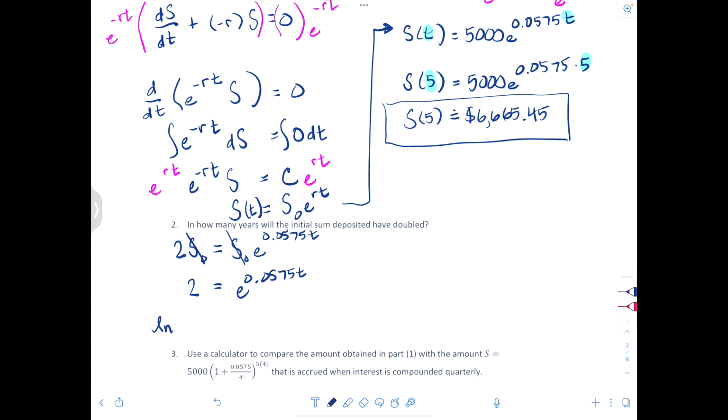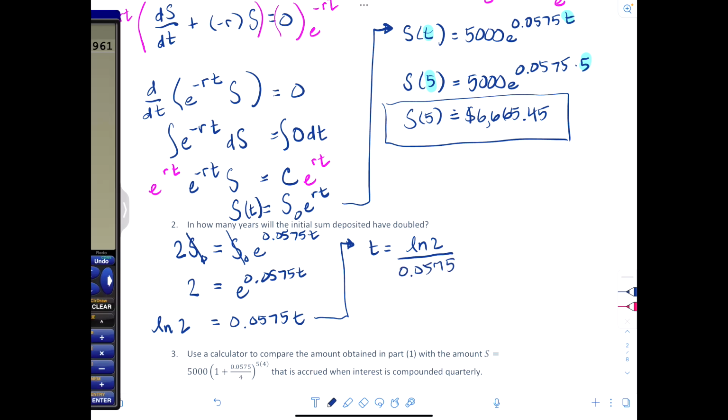Applying the natural log to each side, we end up with natural log 2 equals 0.0575t, because when you apply the natural log to the natural exponential, you get what's inside the power because they're inverses of each other. And then t is equal to natural log of 2 over 0.0575.